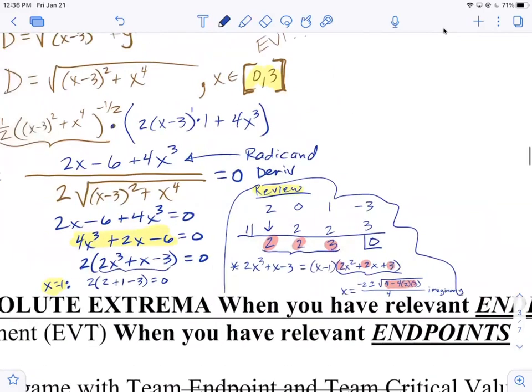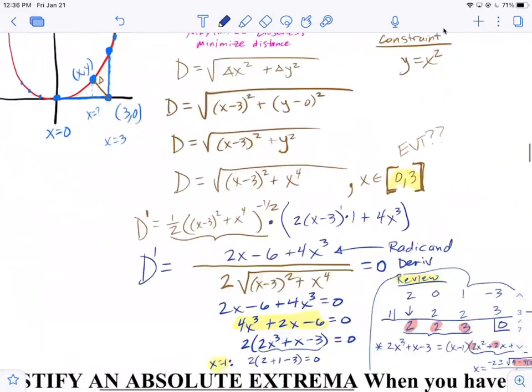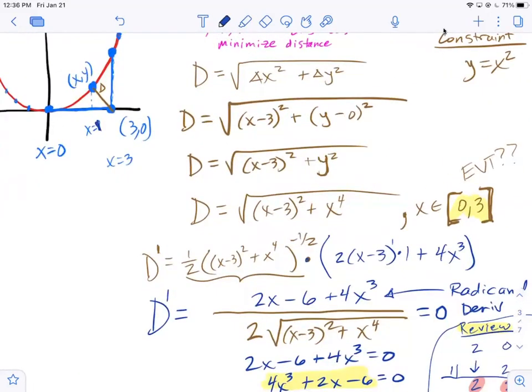All right. So now that we found x equals 1, what do I do with it? X equals 1 is right here. Do I know for sure that that's going to be the closest distance? No, because the endpoints are relevant, right? So now it's the EVT time.